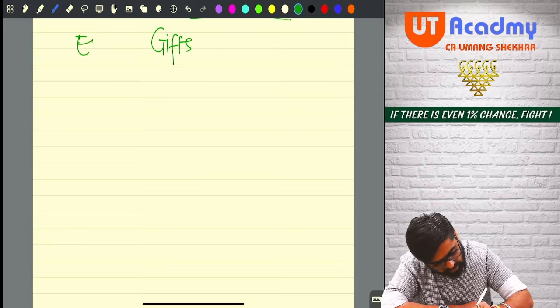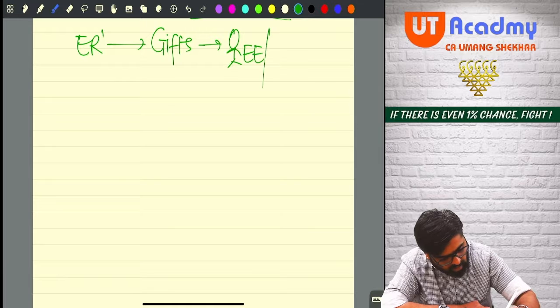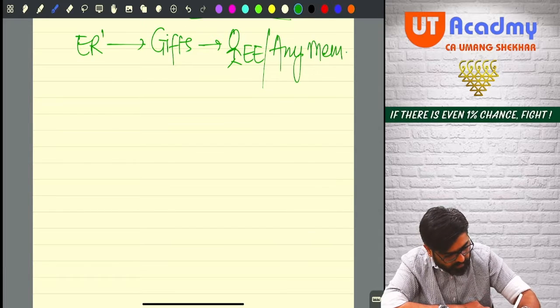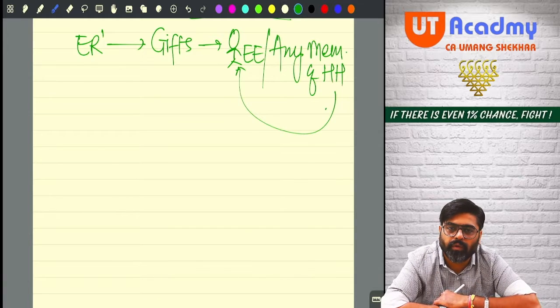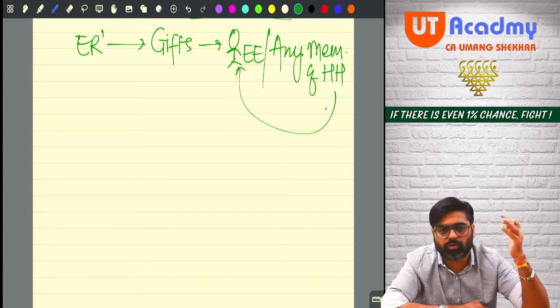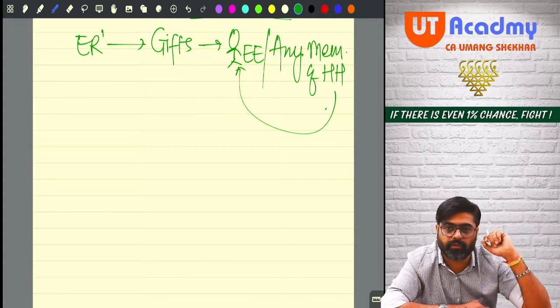See, employer can give gifts to whom? To the employee or any member of the household of the employee. Meaning, any member of the employee's household can be there. To that member also the employer can give gifts.